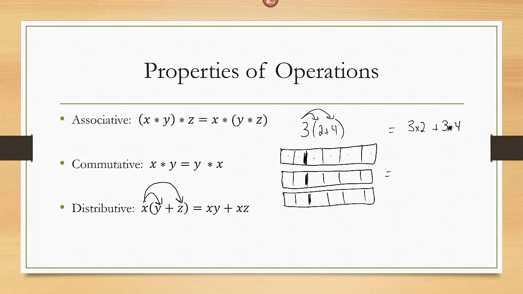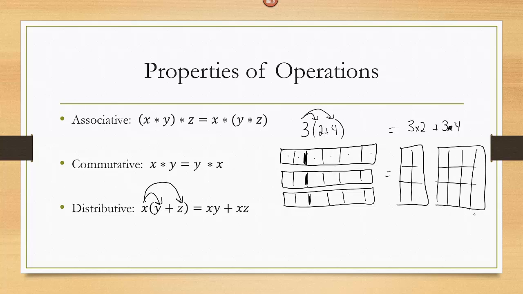And then that will equal a 3 by 2 plus a 3 by 4. So pretty much we have 18 blocks, and 18 blocks on both sides. So it equals the same thing.